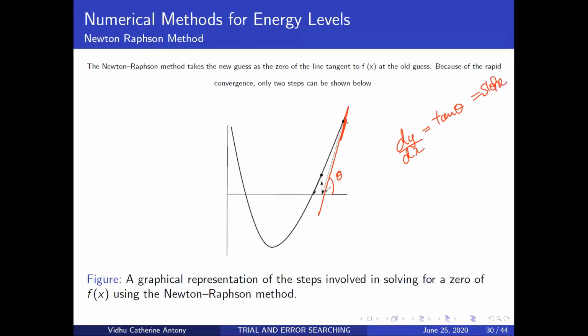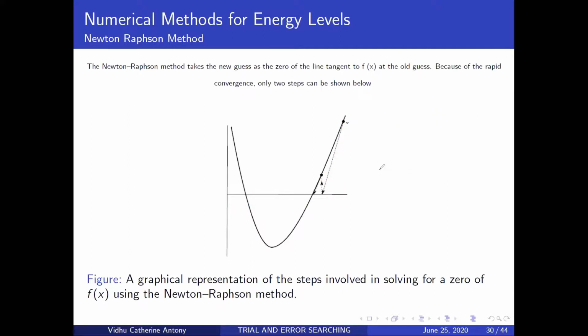So we take this intercept with the x-axis, and then we use that as the new guess for the function's root. Say if this gives you x naught, the next guess is going to be x1, and so on and so forth.